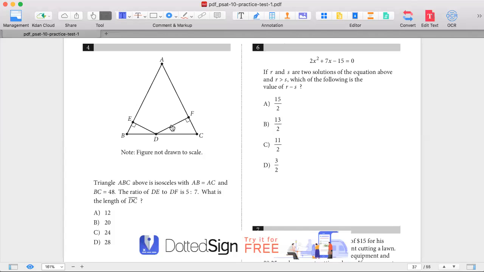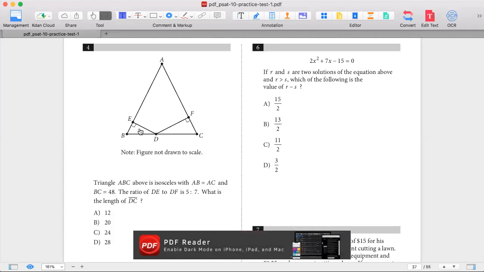Okay, girls, let's take a geometry problem here, which is number 4. I have here triangle ABC, and as I see here, there are two right angles, E and F. Triangle ABC above is isosceles with AB equal to AC, and BC is equal to 48.